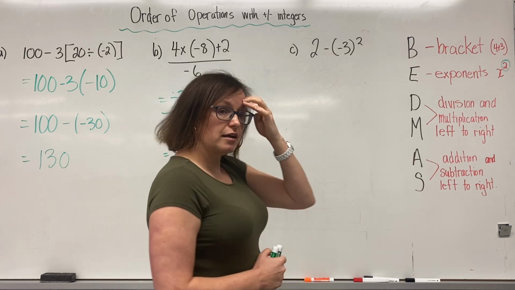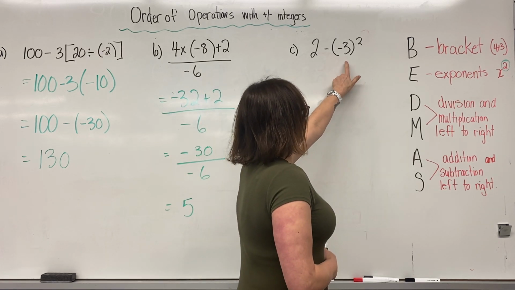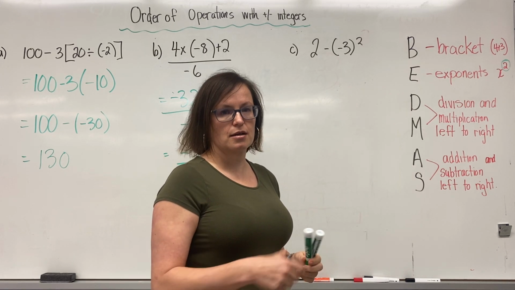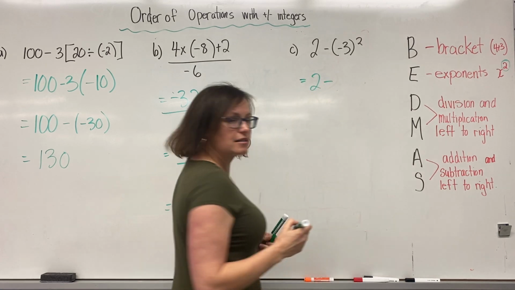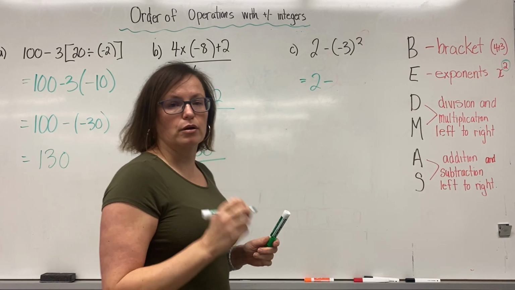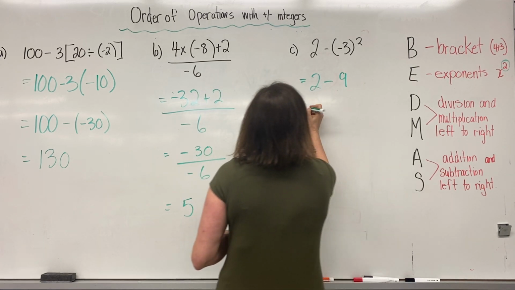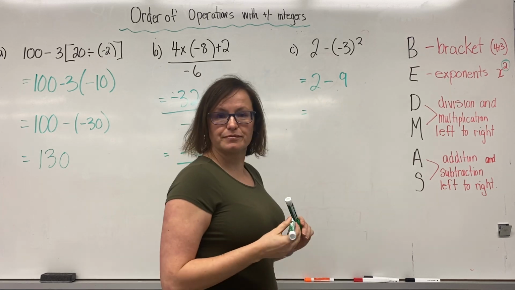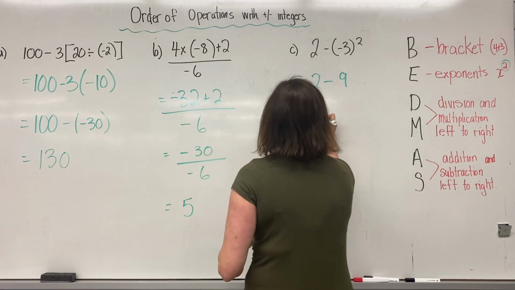So remembering what exponents represent, this is equal to negative 3 multiplied by negative 3. Excellent. So I have my 2, subtract negative 3 multiplied by negative 3, which is 9. 2, subtract 9. If you want to do that with integer tiles, you can, equals negative 7.